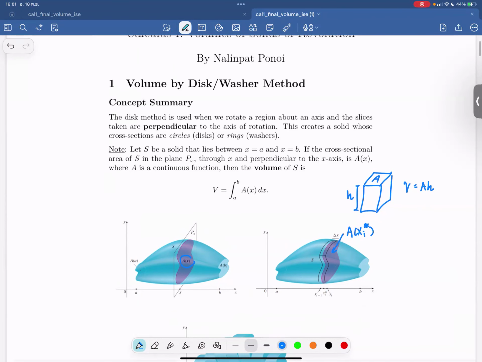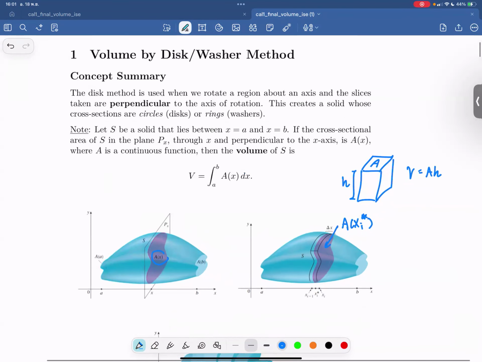If we try to find the volume of a small slice, it should be A(x_i star), which is the area of the section, times the thickness. The thickness over here is actually delta x. So this is the volume of one piece.